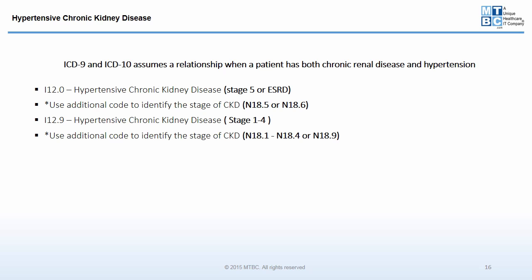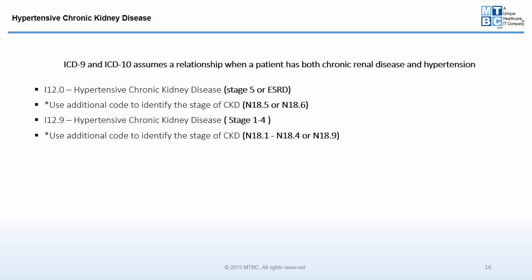When we get the claim, we would have to change it to that because there is an assumed relationship. So I know the coding has been incorrect with ICD-9. In ICD-10, very important, you should assume the relationship of hypertensive chronic kidney disease. If you don't, the coder will have to assume the relationship unless you document there is no relationship.